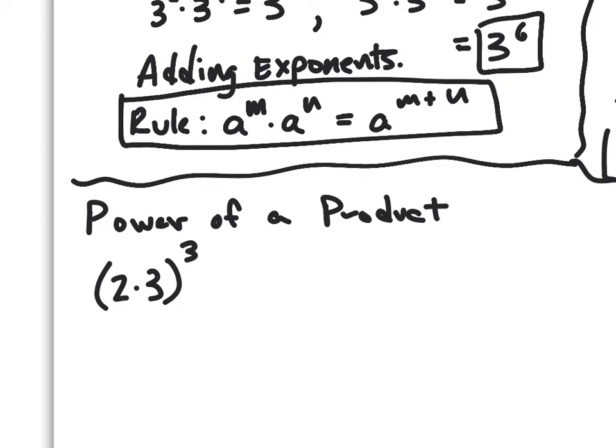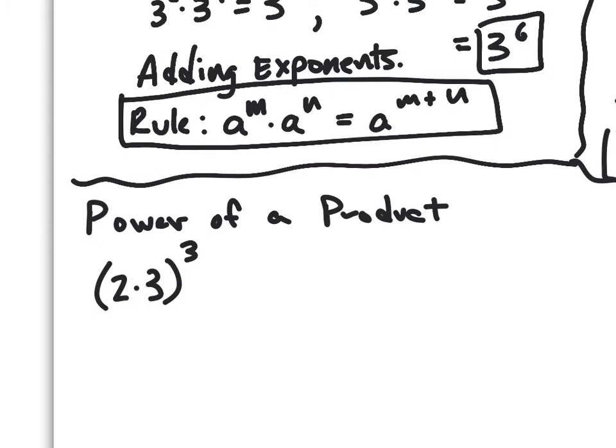There are a number of ways of doing this, but just so you see how the rule works, I would take the quantity 2 times 3 times 2 times 3 times 2 times 3. Multiply it by itself 3 times.